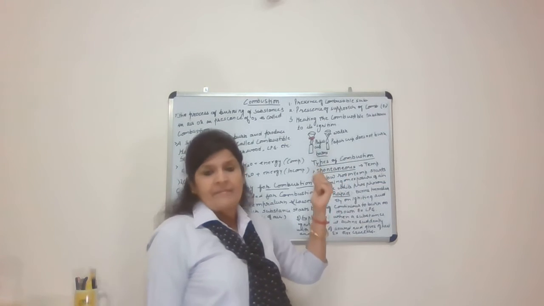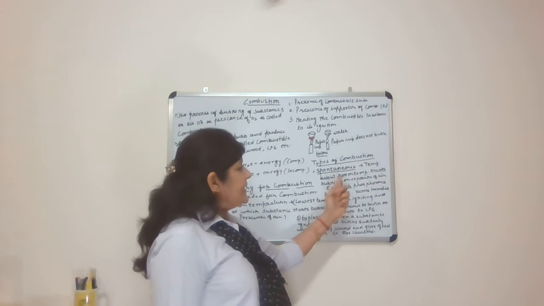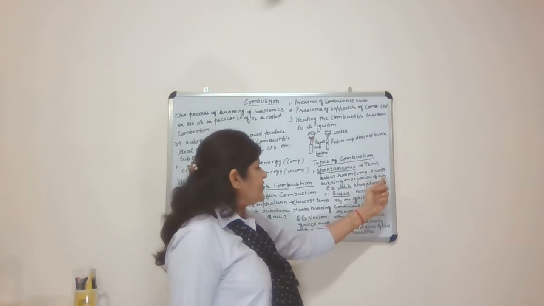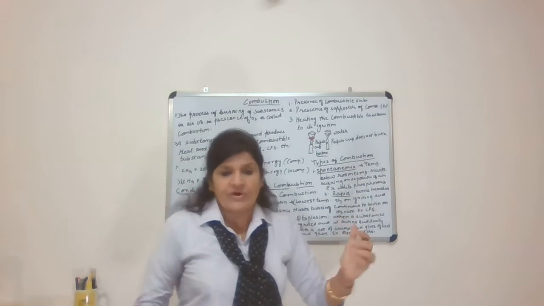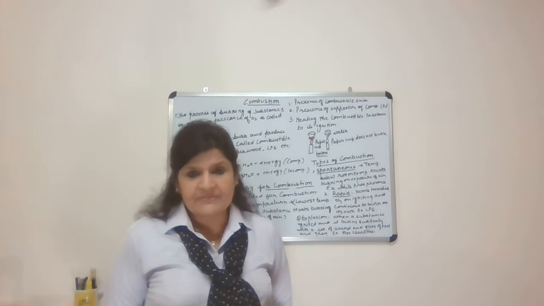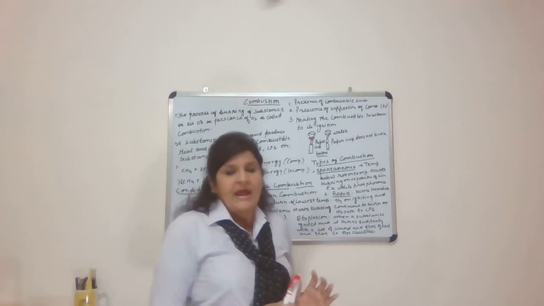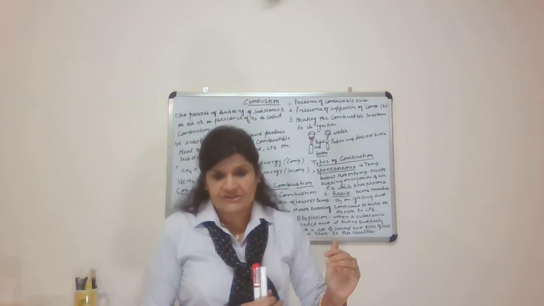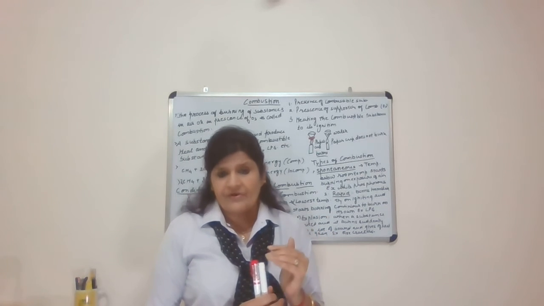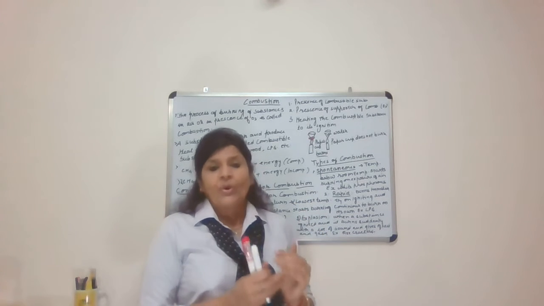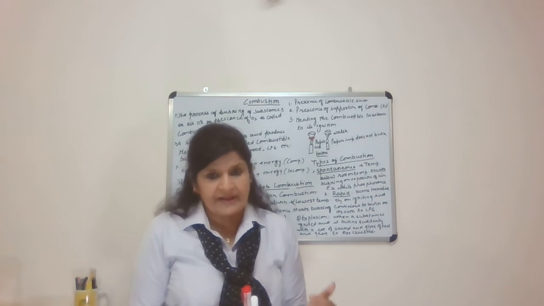In spontaneous combustion, a substance with an ignition temperature below room temperature starts burning on exposure to air. It means if you keep a combustible substance inside the room and it reaches the room temperature, suppose your room temperature is 34 degrees and the combustible substance has its own ignition temperature of 34 degrees, right?